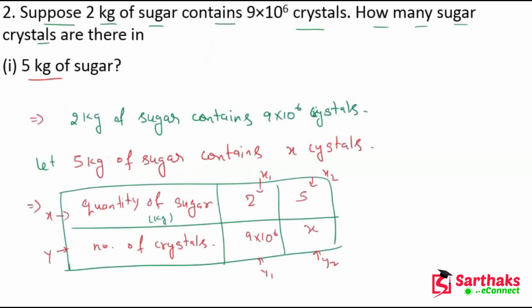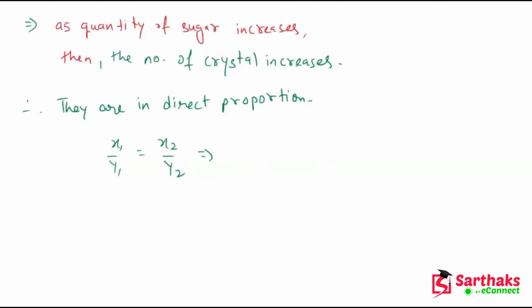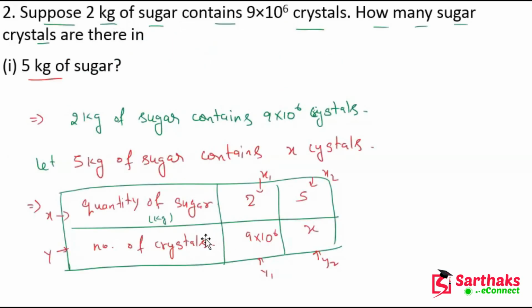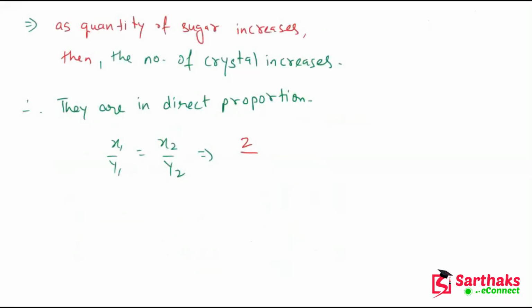So here x1 is 2, and y1 is 9 into 10 raised to power 6, and x2 is 5, and y2 is, we are assuming, x.